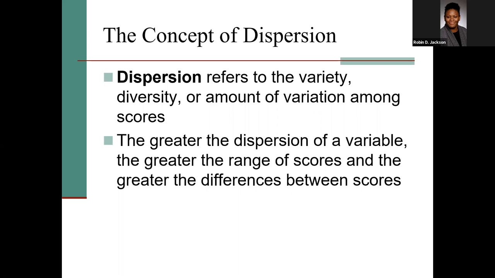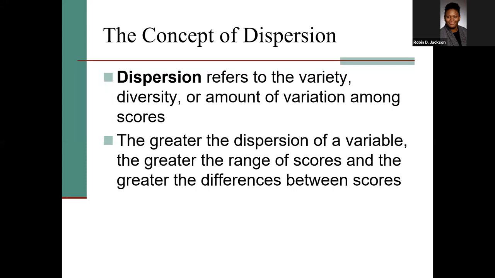So if there's less time in between when they first came in and removal from the program for drug use infraction, if there's a smaller amount of time, we might say, well, this program isn't all that effective.